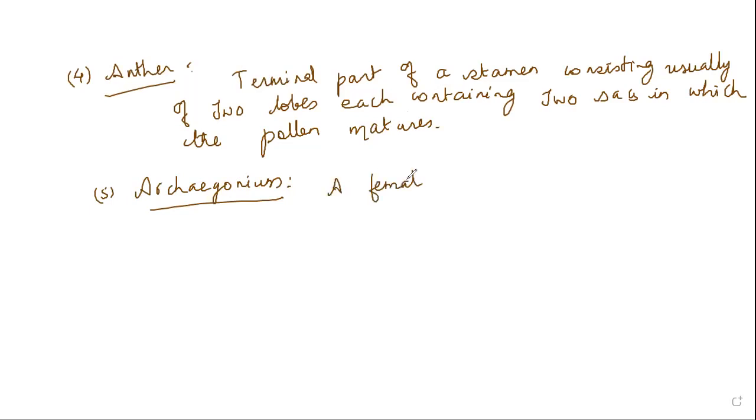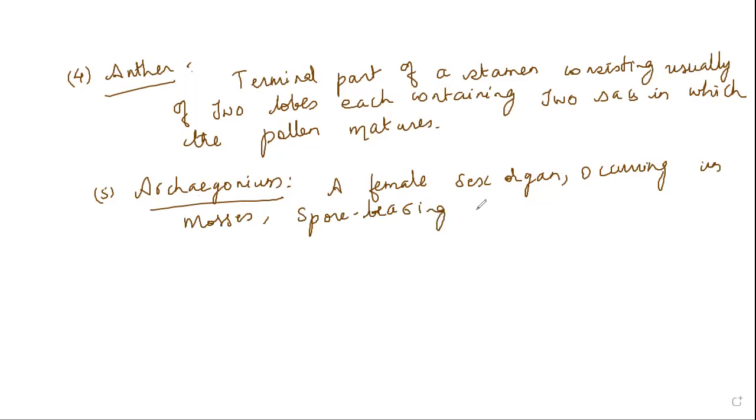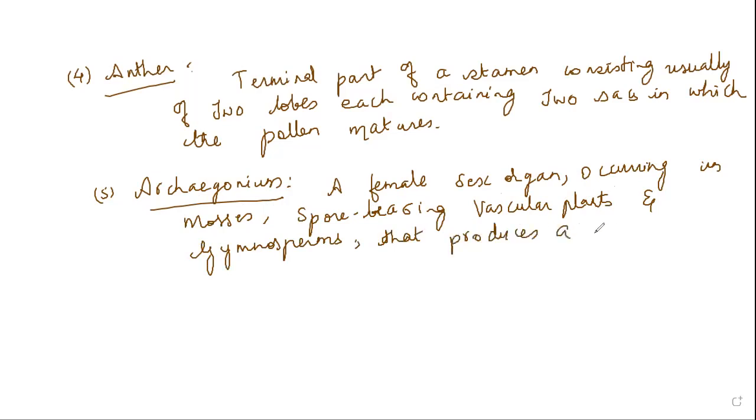It is a female sex organ occurring in mosses, spore-bearing vascular plants, and gymnosperms that produces a single egg cell in its own swollen base.